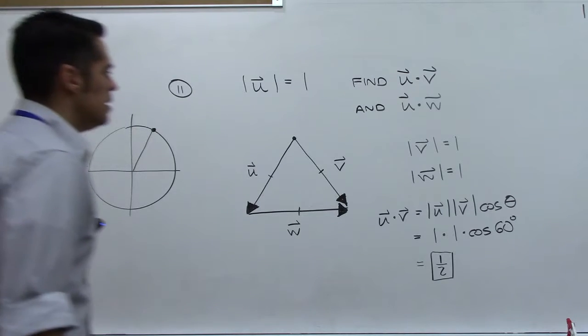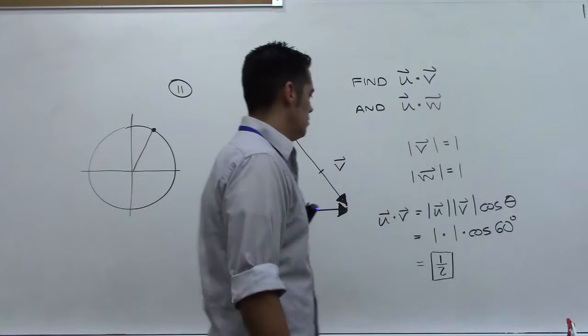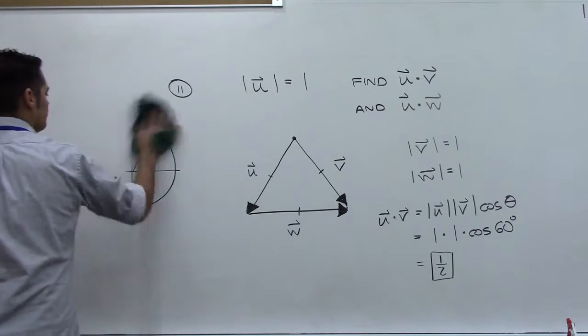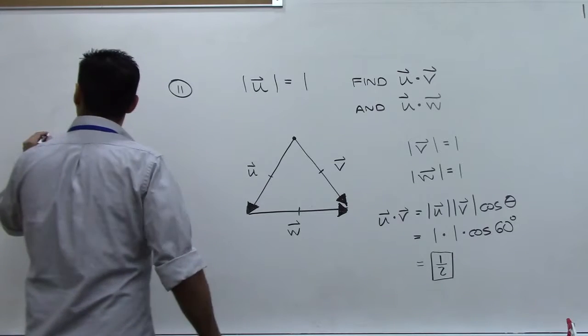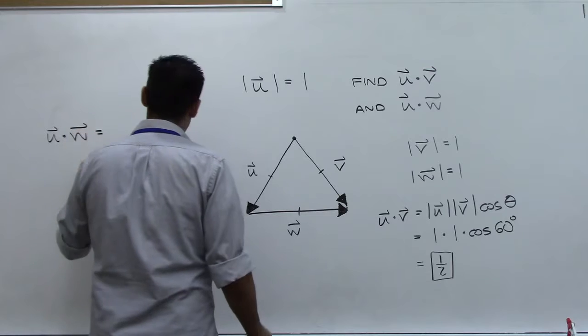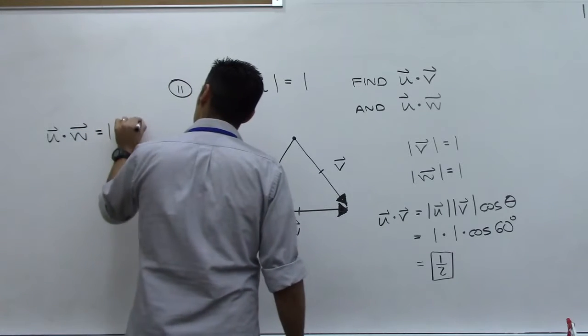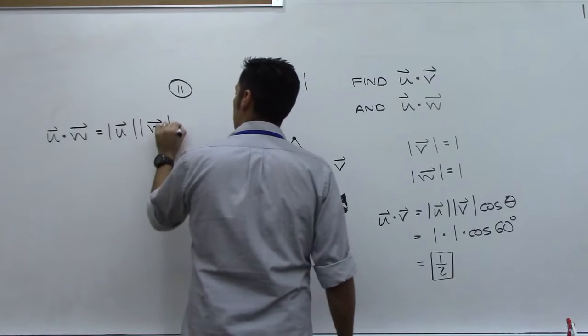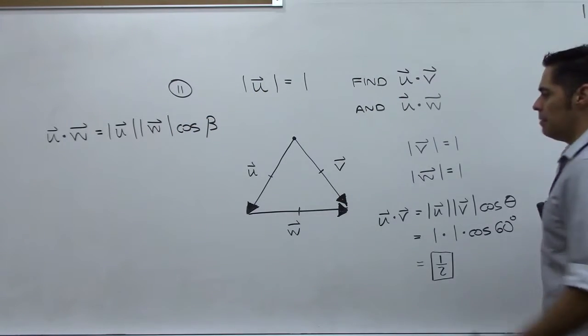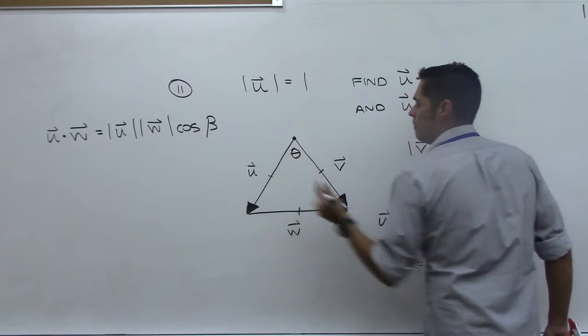which would be trying to find u dot w. So let's see what u dot w looks like. u dot w should be the magnitude of u times the magnitude of w times cosine of beta, where beta is the angle between them. So theta was here, right?